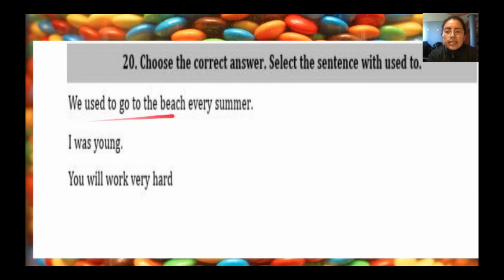In this case, the first. We used to go to the beach every summer. In this case, this sentence isn't using used to. And the third sentence is using the will, future will. For this reason, number 1 is correct.